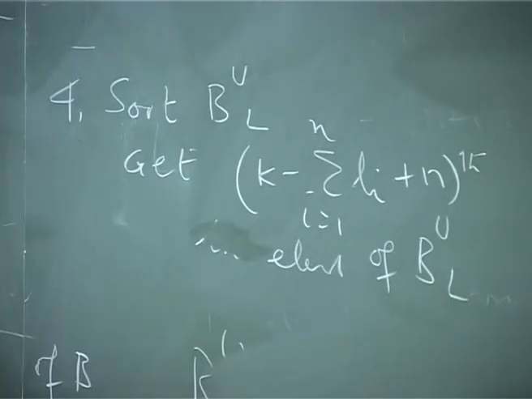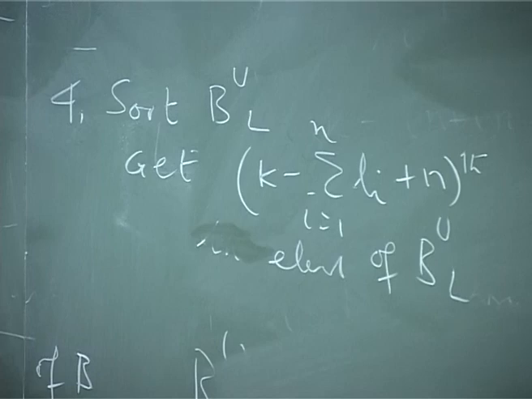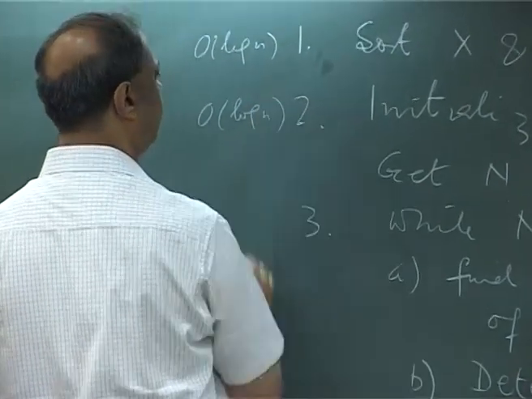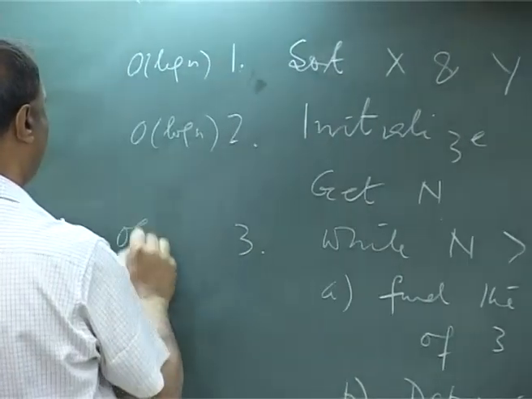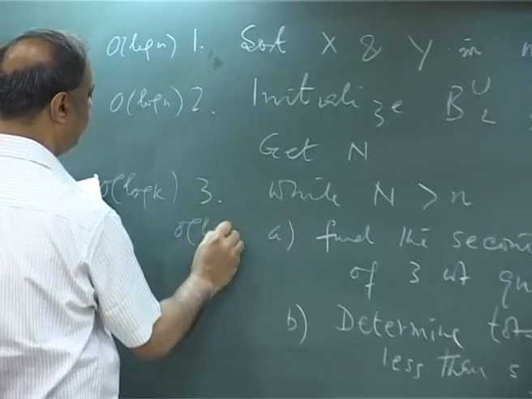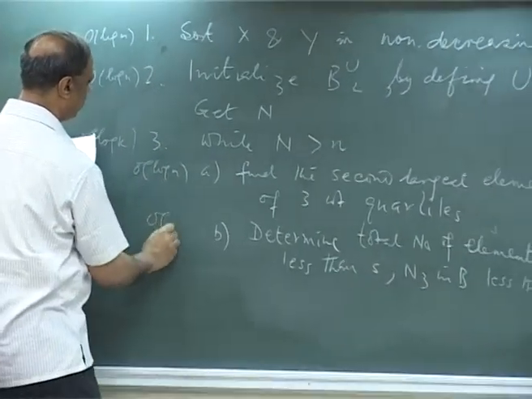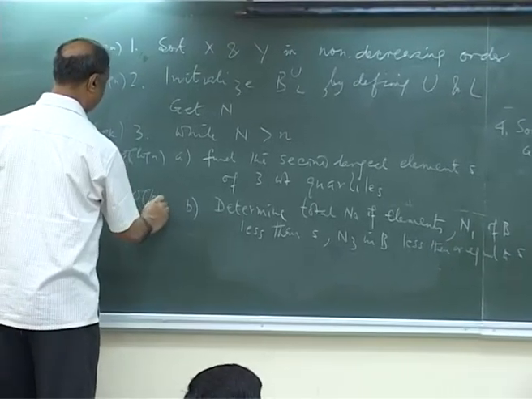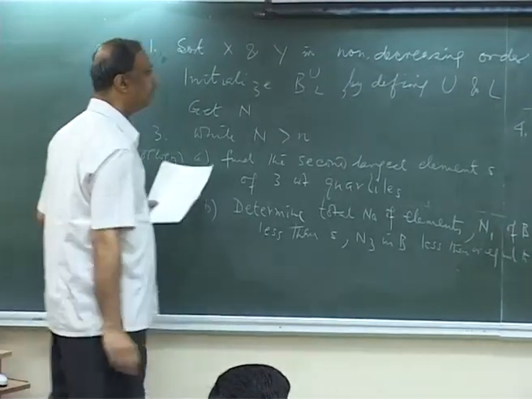So this takes order log n time. This takes order log n time. This takes order log k iterations. Order log n time. Order log n time, because addition is coming into that.